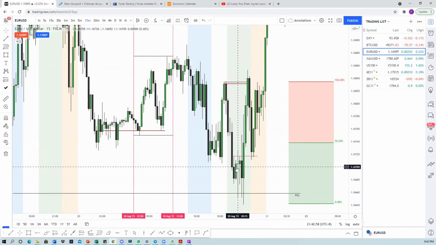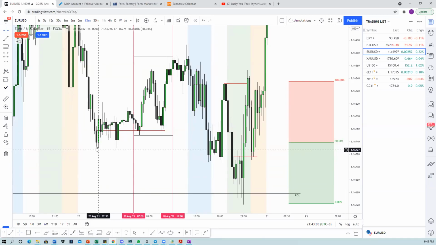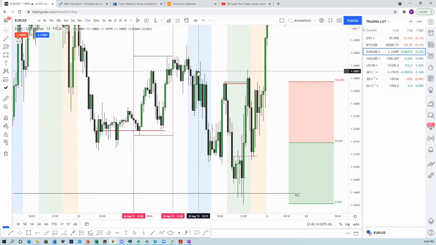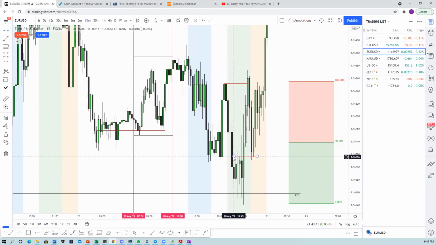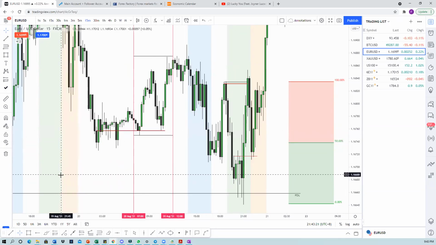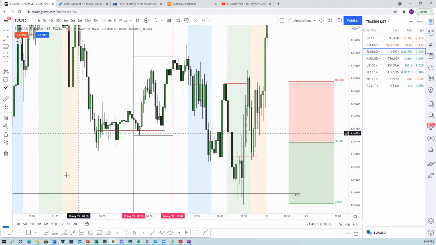Now you might say, okay, Sean, why not the body? Why are you using the wick? Because when you have a well-bodied candle like this one here, it normally goes for the body. When you have one that has a massive wick, it goes for the wick. So you have to understand when you can use the wick to the opening or closing price of the body, whichever one it is, and when you have to use the body only.